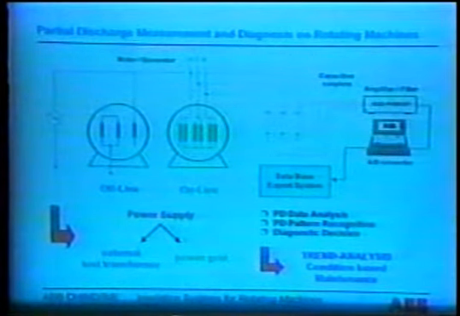There are several advantages and disadvantages for online and offline PD measurements. The most important advantages for online measurements are that there are realistic stress conditions within the stator winding insulation. We have realistic electric field distributions, currents, mechanical forces, vibrations, and temperature conditions within the machine.